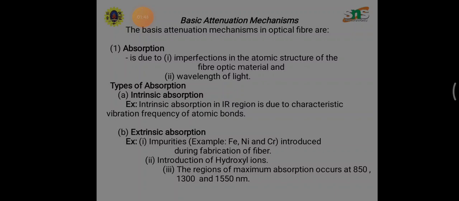It is measured in decibels per kilometer, with the relation A in decibels equal to 10 log P in divided by P out, where P in and P out are the optical power going into and coming out of the fiber.